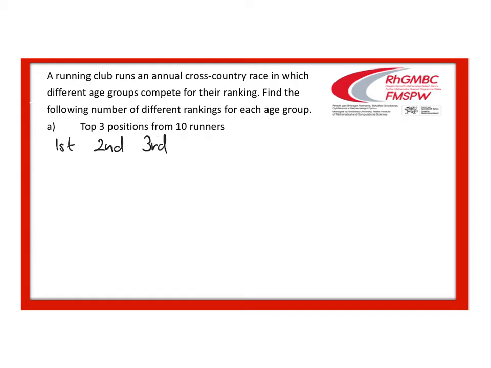The number of people who could come first would be 10 runners. And if one person has already come first, there would be 9 runners left who could come second. And if there is already a runner in first and a runner in second, that means there are 8 possible runners left who could come in third. And so the number of different rankings would be the product of this, just like we've been using from the fundamental counting principle. And so we get an answer of 720.